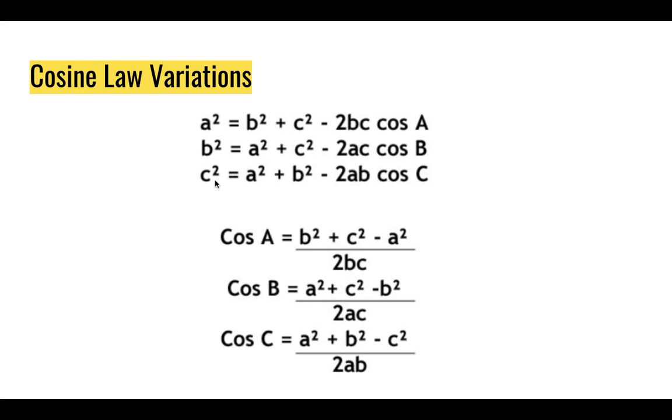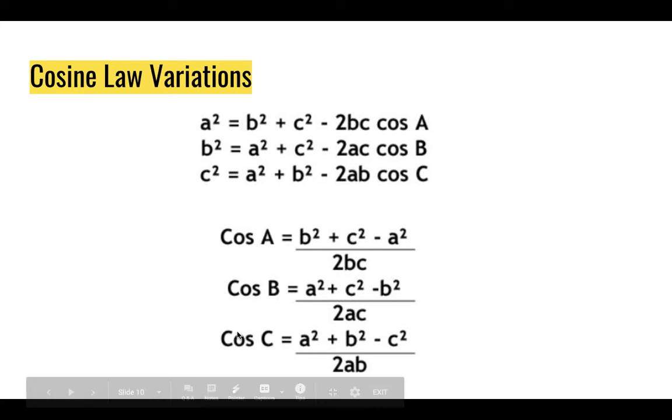Because if you think about, this is my equation for the side I'm trying to find, then wherever A and B are, those are the sides we have. And C is the angle we have. And that's the same up here. If I'm looking for this side, these are the sides we have. That's the angle I have. So you really only need to know one version of these, but just in case, I've written them down here for you so you can have all three versions.